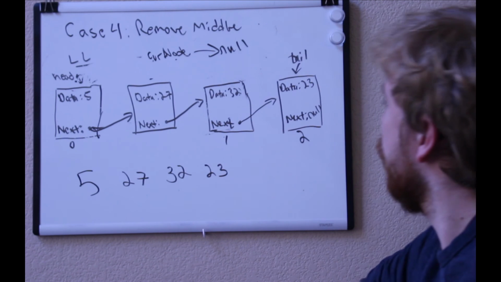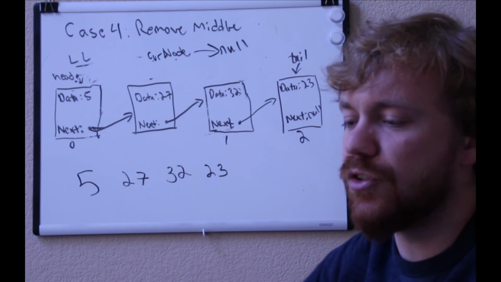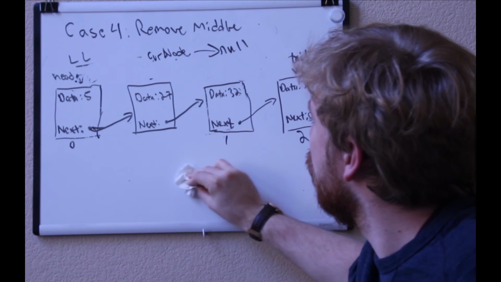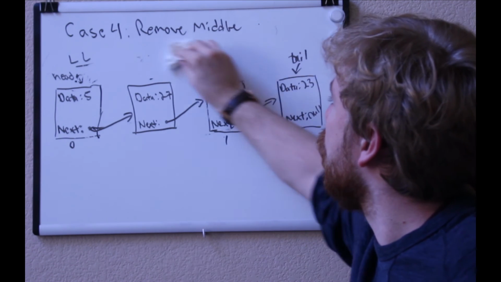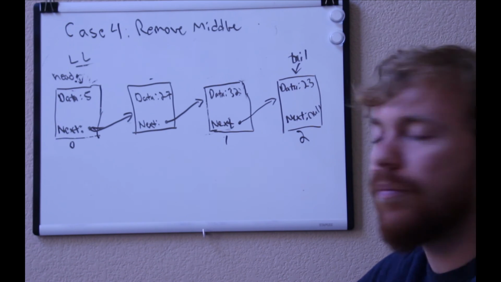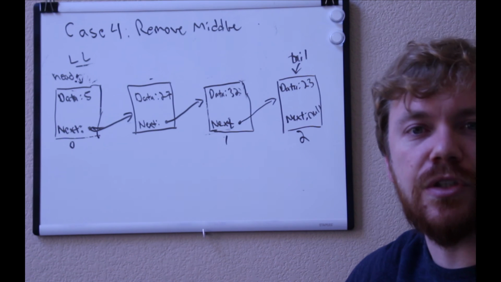This particular algorithm is just printing the contents of a linked list. But in our case, we can use this to find that previous node that was magically given to us before.